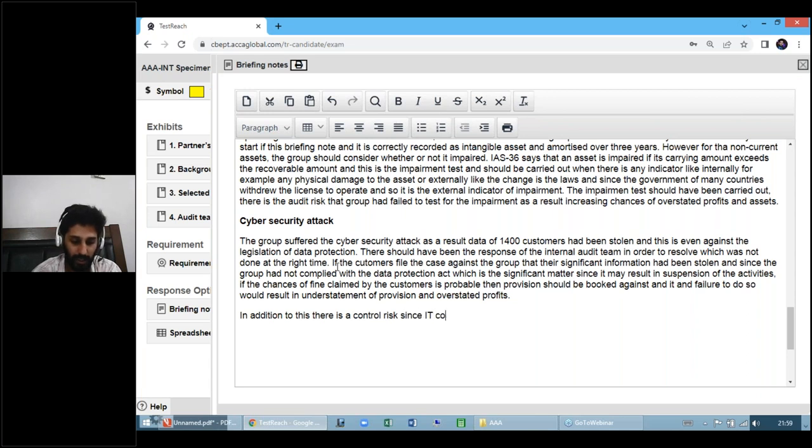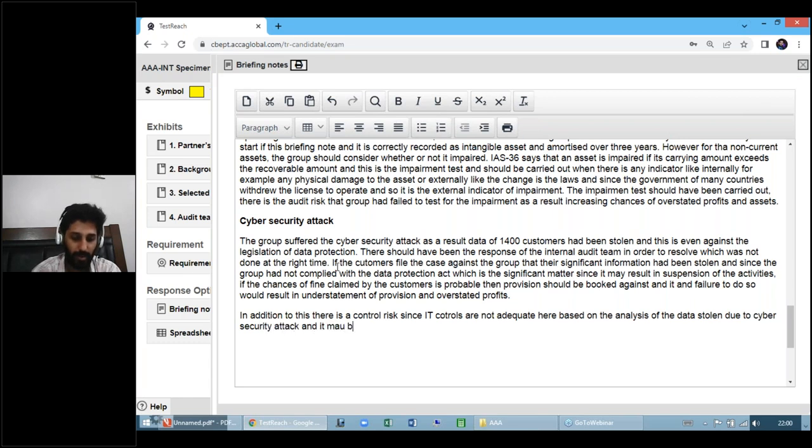In addition to this, there is a control risk, since IT controls are not adequate here, based on the analysis of the data stolen due to the cyber security attack.